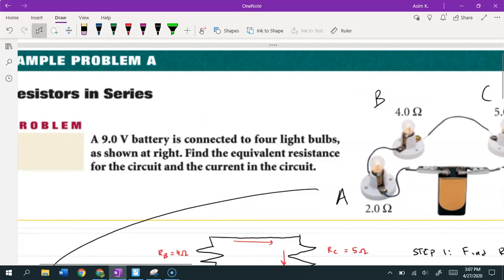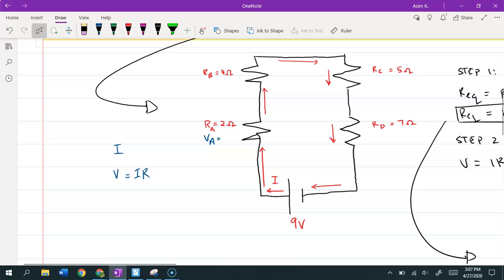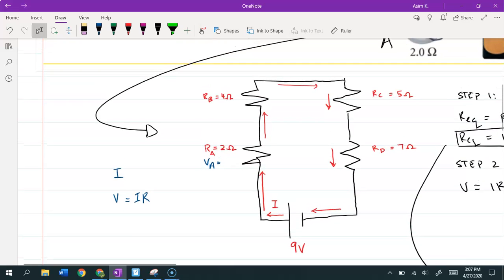So what I'm trying to imply here is that each one of these has the same amount of current running through them, because they are all in series. So I'm going to go to each one of them and write down that the current running through the first resistor is equal to 0.5 amperes.